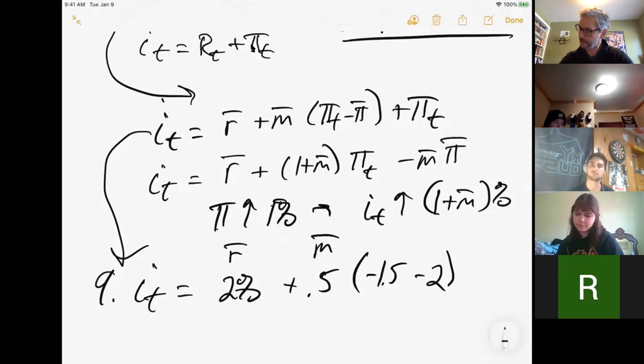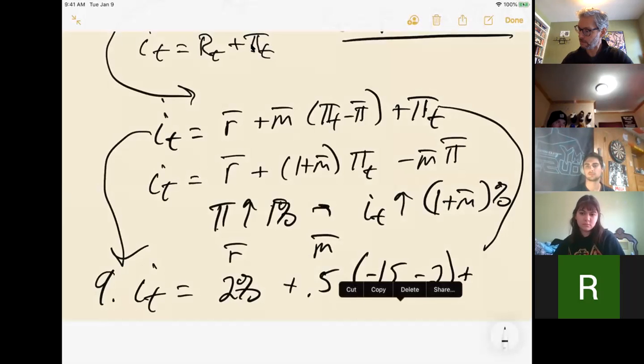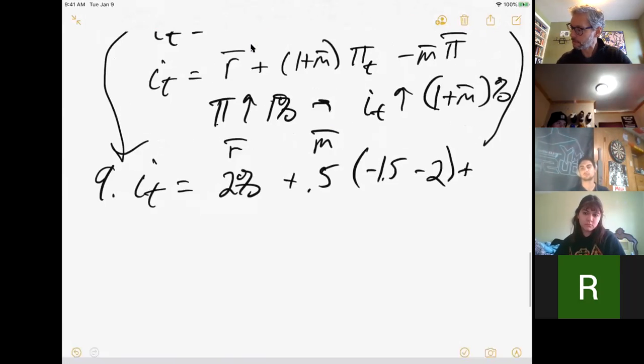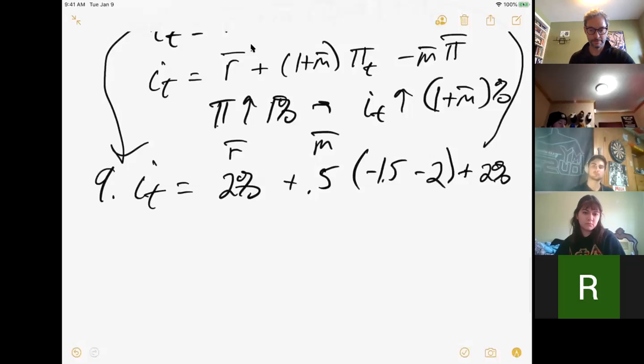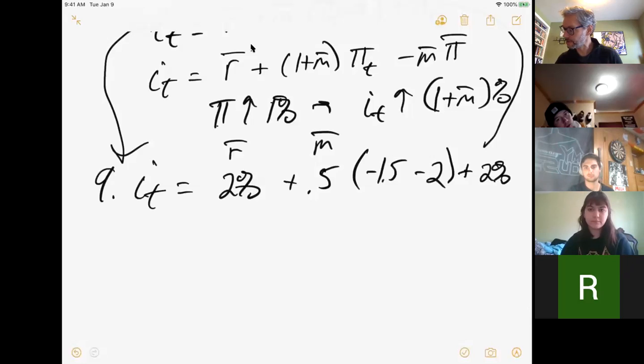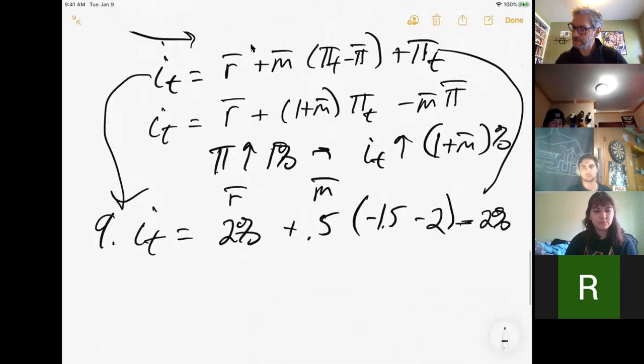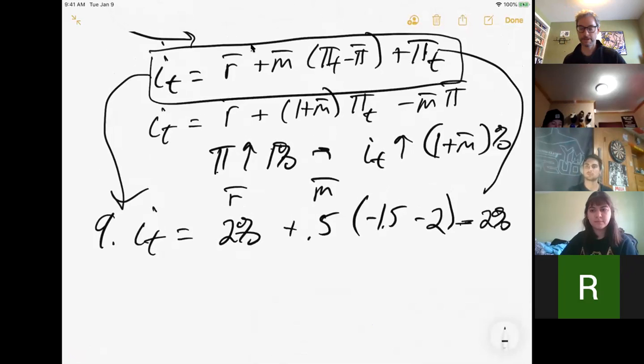And then finally, what's inflation? No, sorry, this should be negative. You with me? All I've done is plug the numbers into this equation.